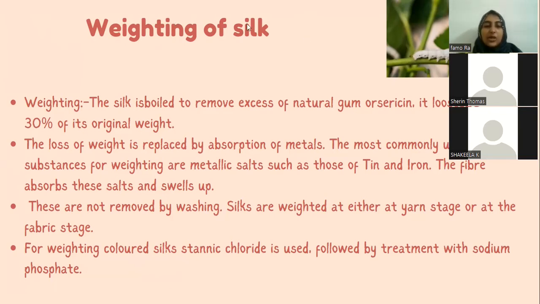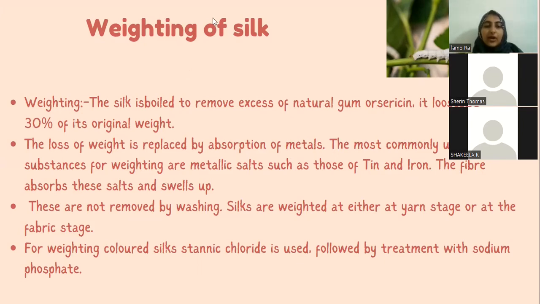The most commonly used substances for increasing the weight of silk fabrics are metallic salts such as those of tin and iron. The fiber will absorb these salts and will swell up. Weighting means absorption of metals by the silk so that the weight of the fiber increases.